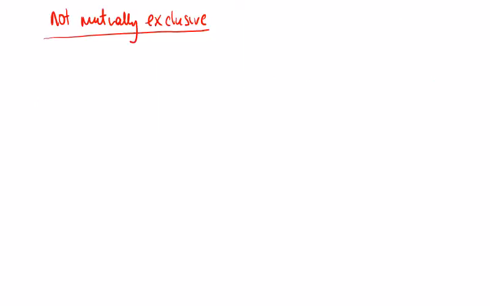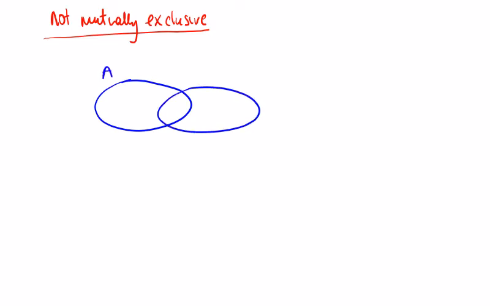So we go back to the cards again and we look at non-mutually exclusive events, or not mutually exclusive. Let's do two sets again. Set A and B. Okay, do you remember the jack question and the spade question from the previous video? Let's call set A jacks.